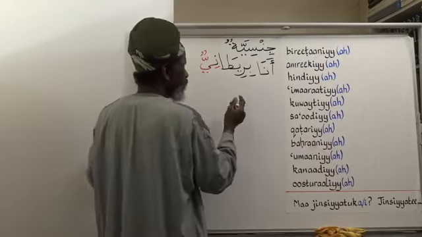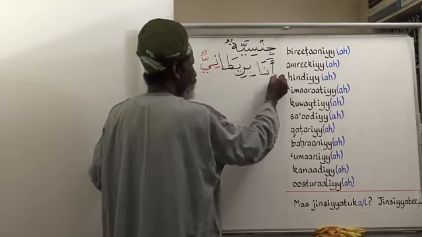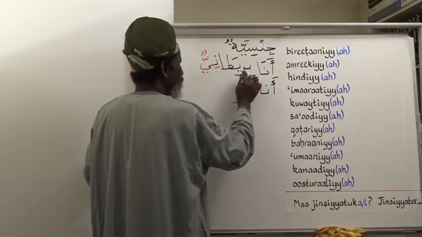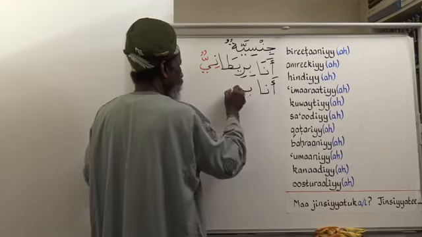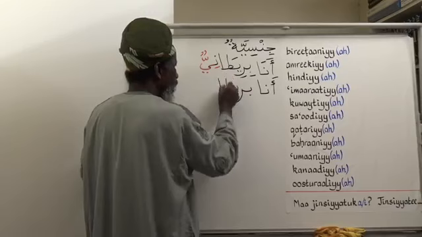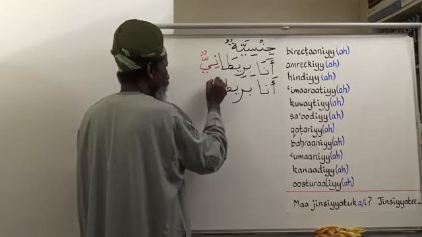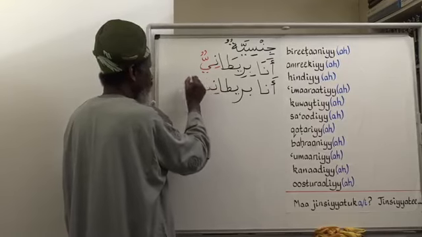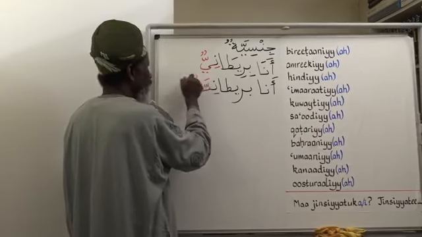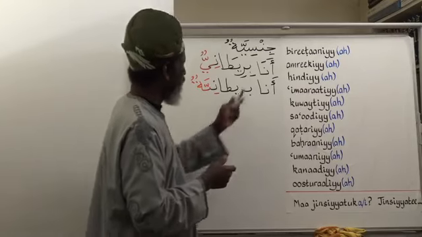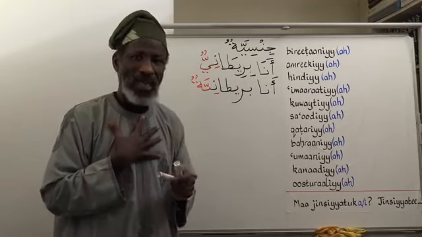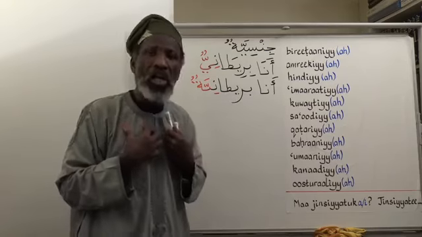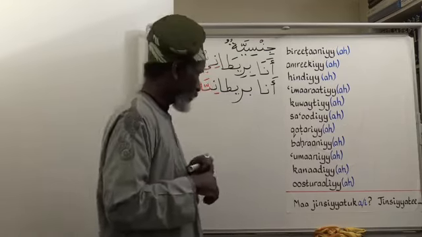A female will say Ana Britaniyatun, as we already know. So, Ana Britaniyun, a man speaking, I am British. A woman will say Ana Britaniyatun, I am British.